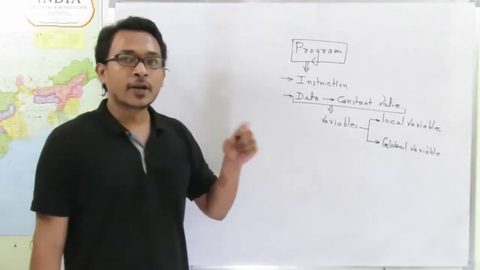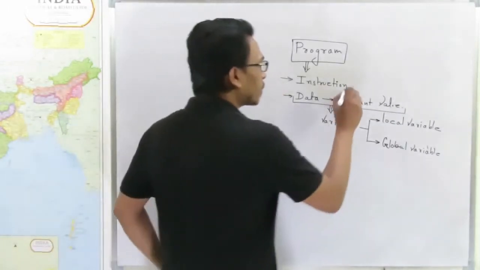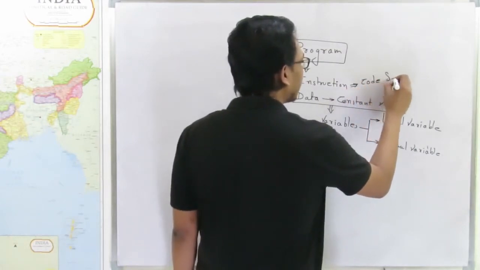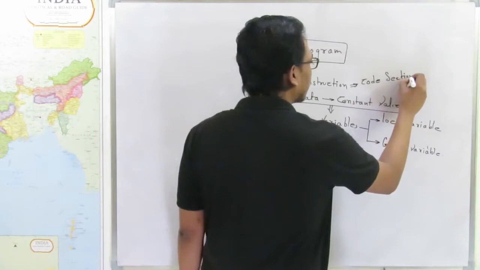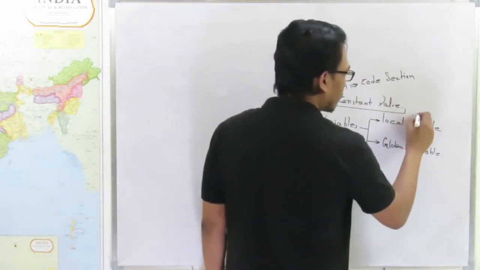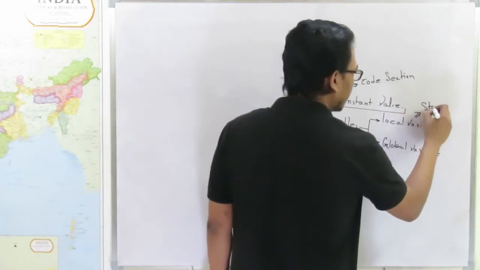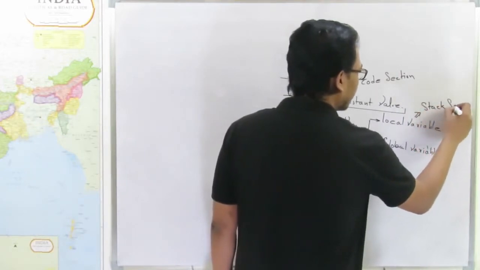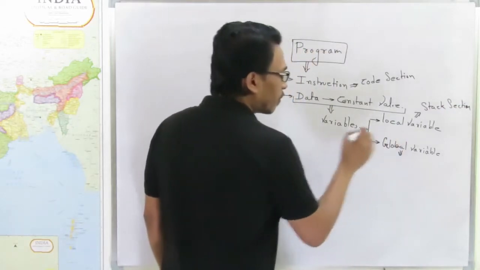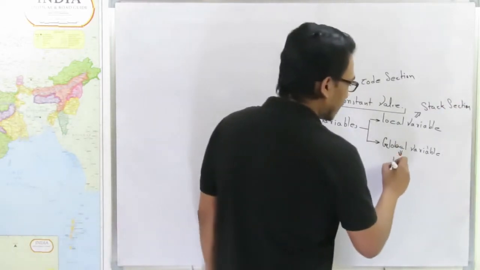The memory allocated for the instructions is called code section. The memory allocated for local variables is called stack section. The memory allocated for global variables is called data section.